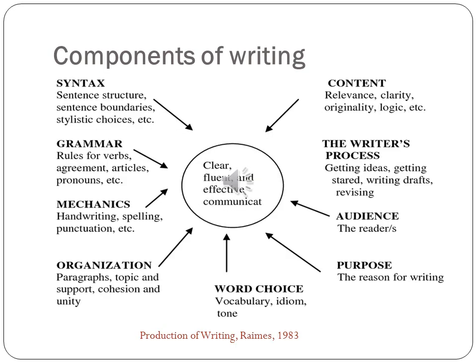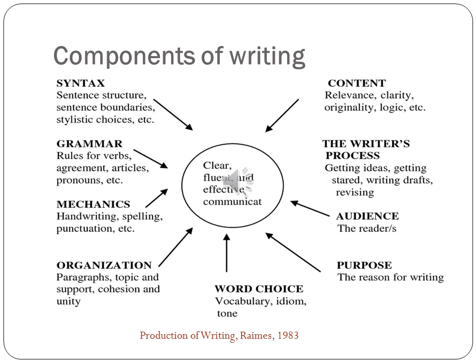Components of writing. Writing is composed of a lot of components. For example, we have syntax, grammar, mechanics, organization, word choice, purpose, audience, the writing process or the writer's process, and content. So let's start with the content. Here we should look at the relevance, clarity, originality, and logic.